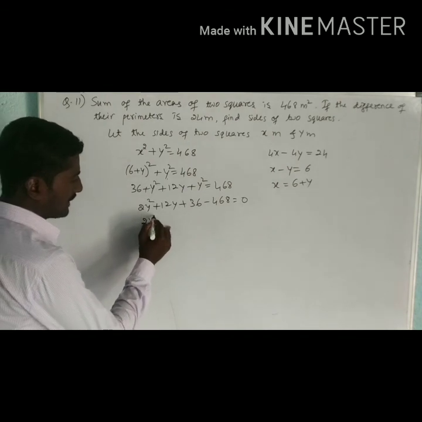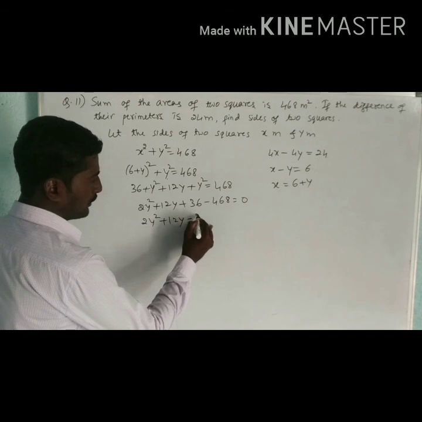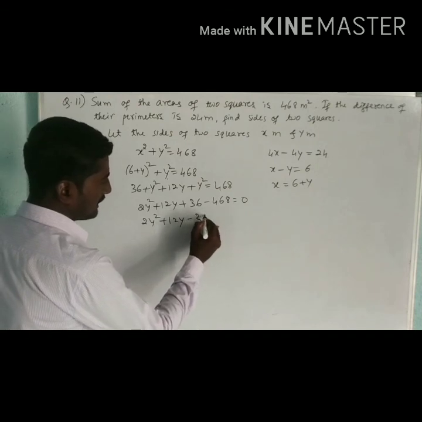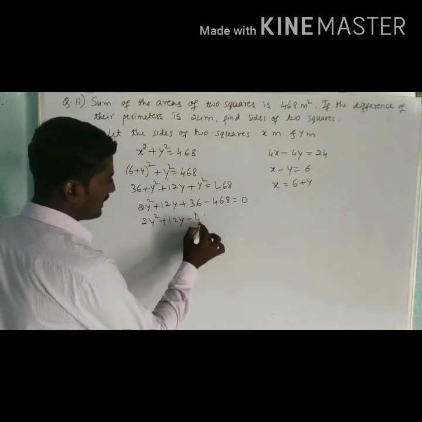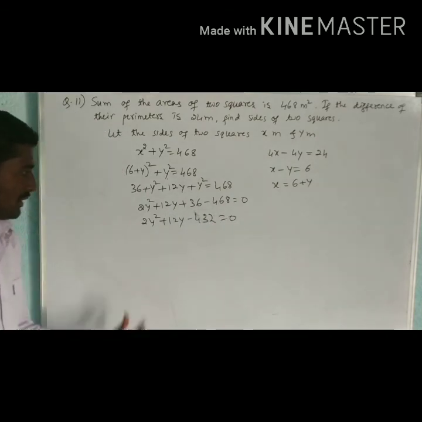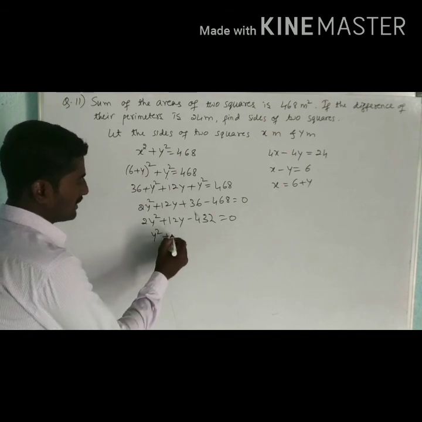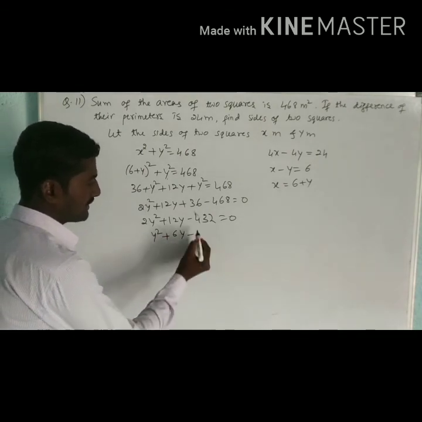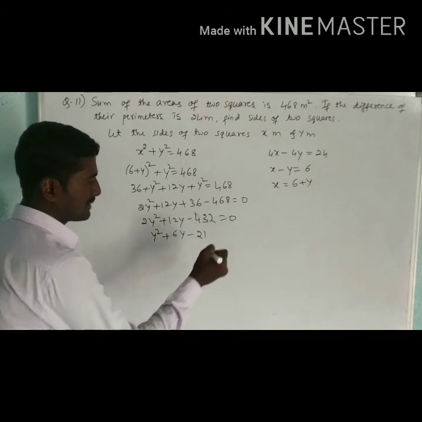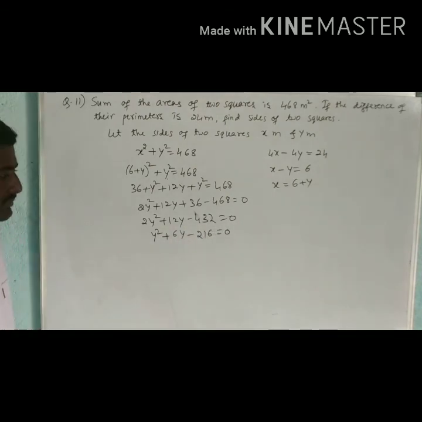Now 2y square plus 12y, and in this one minus 432 is equal to 0. Now I will take 2 common here. This will become y square plus 6y minus 216 equal to 0.